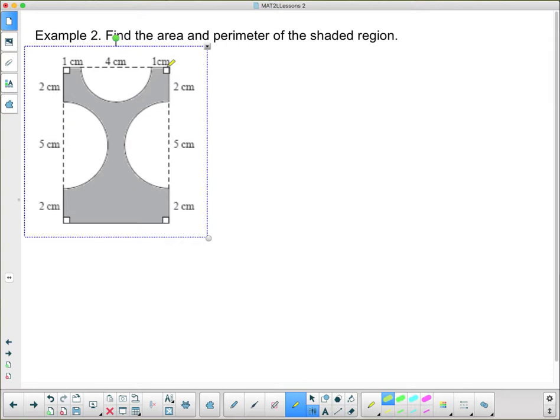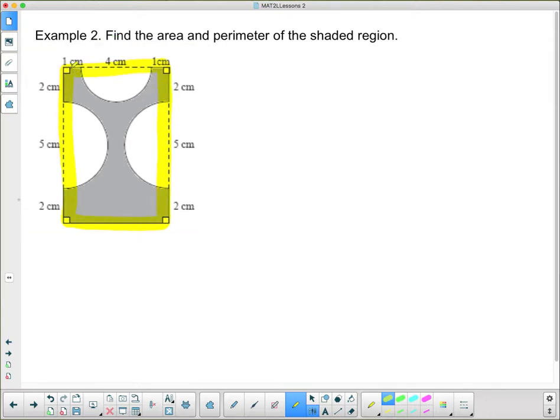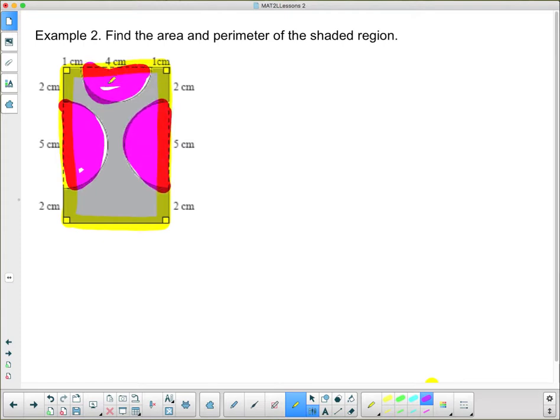So we need to take the area of this big shape, and then find the area of these shapes here. That's one circle right there, and then another half circle in here.